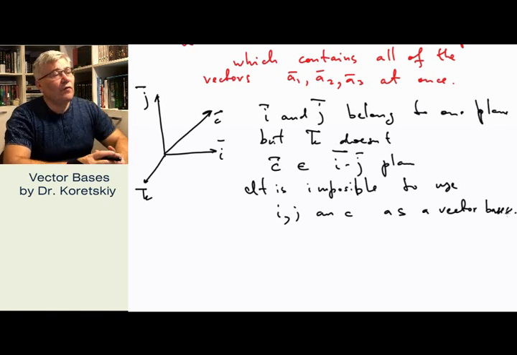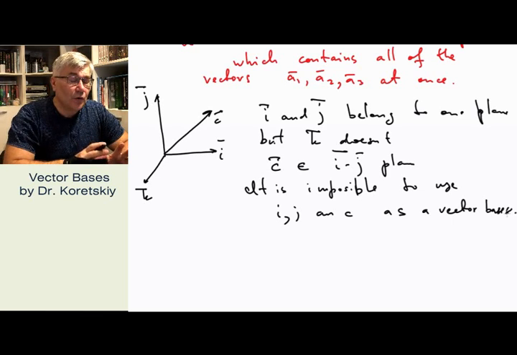It means that for any vector which is beyond the plane ij, I can't represent this vector through i, j and c vectors, because I need a kind of z component of this vector.